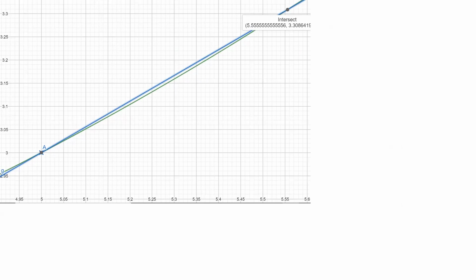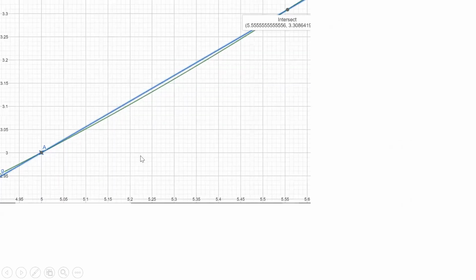So the sketching is not accurate. You cannot draw the line and then use any 2 points on this straight line to find the gradient and claim that that is the gradient of the curve at point A. Cannot, because that is not the accurate answer. Mathematicians want it to be accurate, not an estimate. You can estimate like this, but I want an accurate answer.